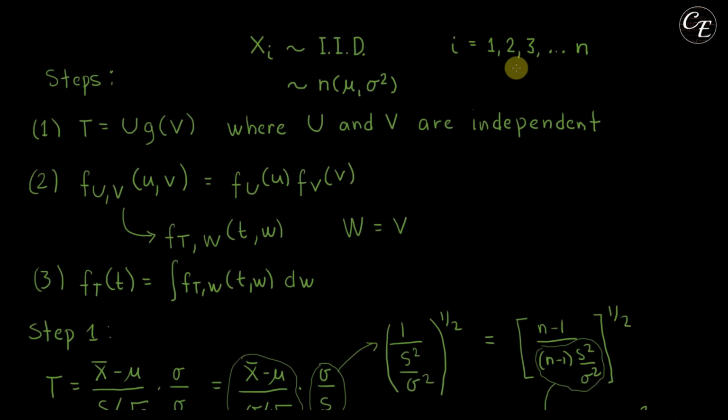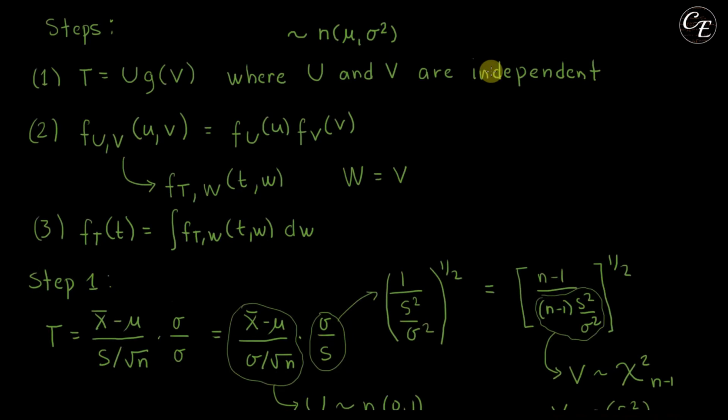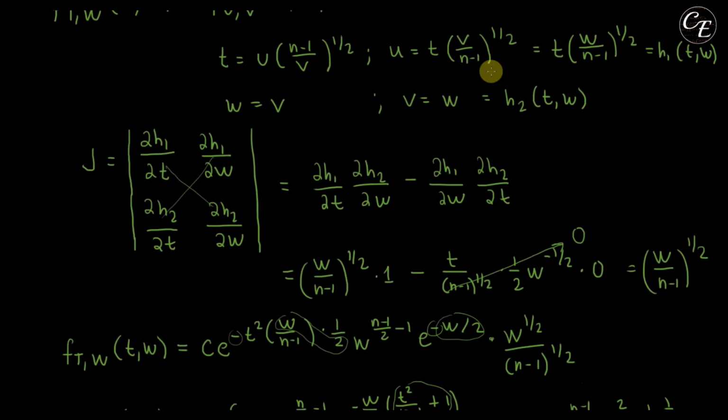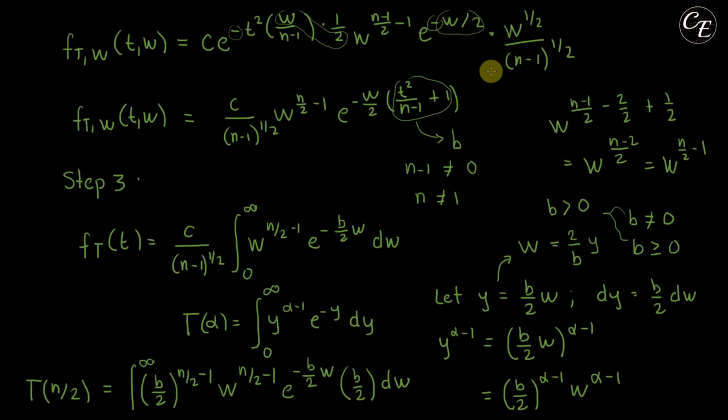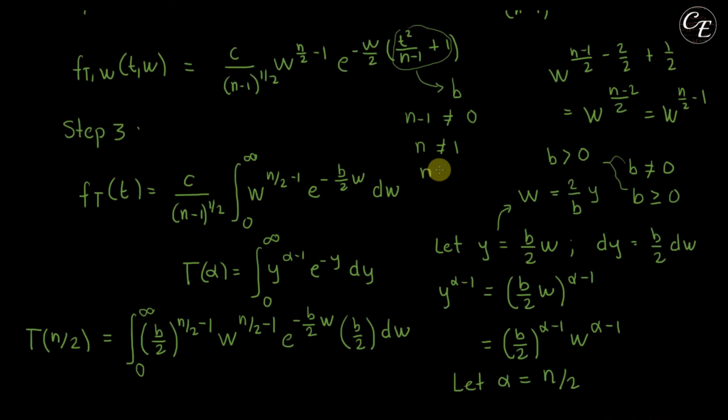Then this n should be at least 1, or greater than or equal to 1. So from above, n should be greater than or equal to 1, and then combining both of these, we need to make n at least 2, so that it will not become equal to 1. Then, satisfying this condition, this n minus 1 will become greater than 0.